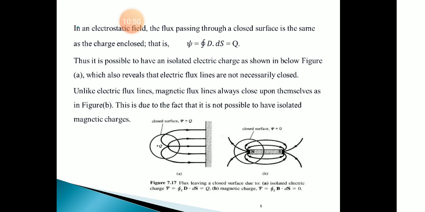Therefore, by comparing, we have del dot B is equal to 0. Del dot B equal to 0 means the divergence of the magnetic flux density is always 0. This is called Gauss law in differential form for the magnetic field. This is another of Maxwell's equations.